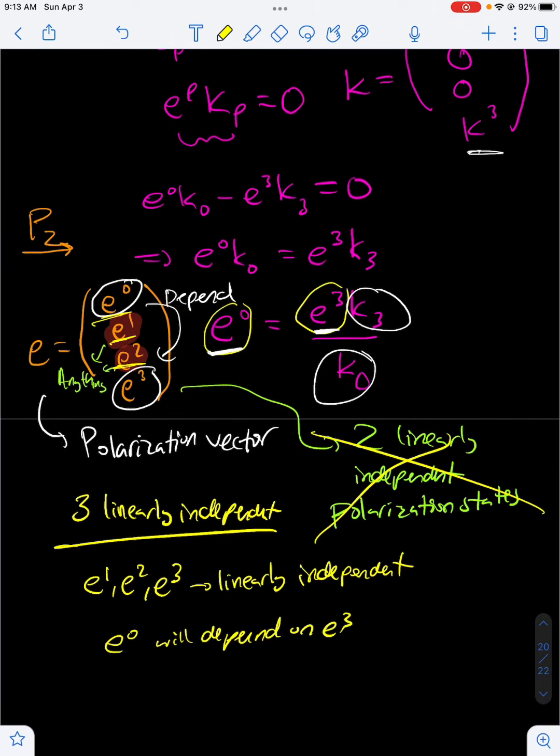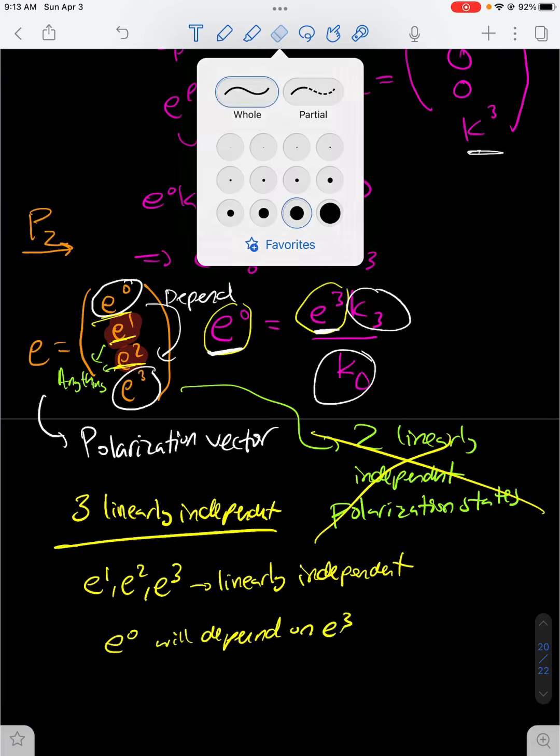It's really arbitrary. So really, it's not that E3 is independent and E0 depends on E3. It's really that they depend on each other. So I would say that there are only two linearly independent components, but most textbooks will say that there are three. It's modern convention that there are three, even though I think it's dumb.